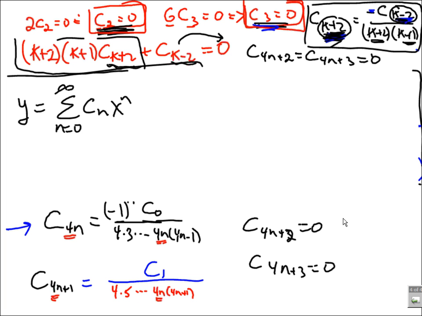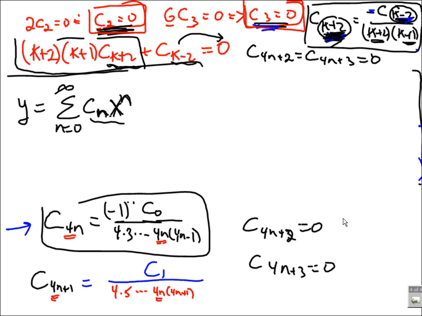So for half of these terms, c sub n equals 0, and when you multiply it by x to the n, it's still going to be 0. Just remember that this one has 4 and 8 and 12 and 16, and this one has 5, 9, 13, and 17.